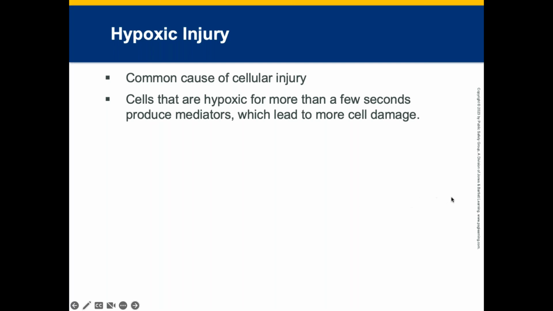Cells that are hypoxic for more than a few seconds produce mediators, which lead to more cell damage. This is a result of free radicals, which are the earliest and most dangerous mediators produced by a cell. Right? We start seeing this, we start seeing death in a patient.